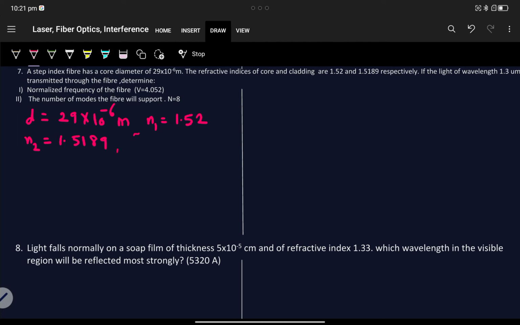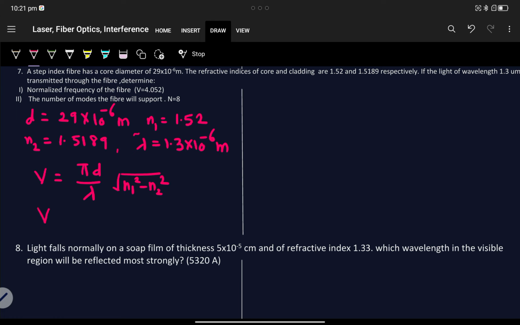Wavelength is 1.3 micrometer, which I convert in meter. We need to find normalized frequency. So normalized frequency is pi d upon lambda into numerical aperture, which is square root of n1 square minus n2 square.